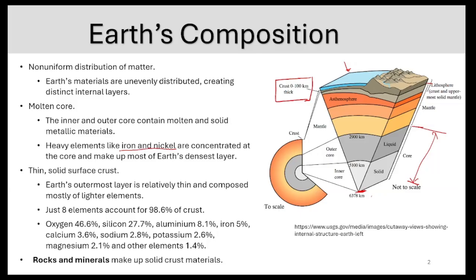While the Earth itself is mostly iron, oxygen, and silicon, our crust is dominated by light elements.